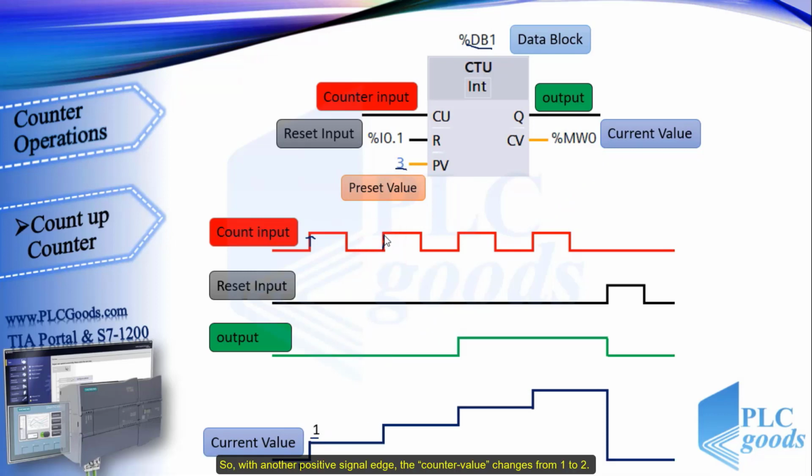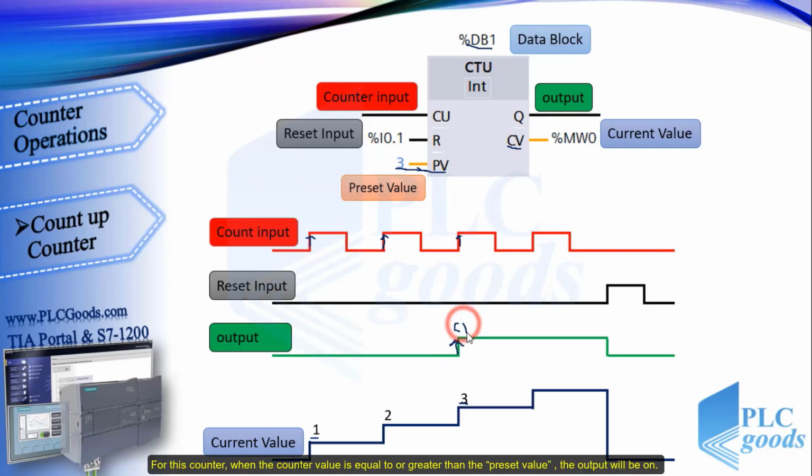So with another positive signal edge, the counter value changes from 1 to 2. Finally, with the next pulse, the counter value reaches 3, which is equal to its preset value. At this moment, the output changes from 0 to 1.